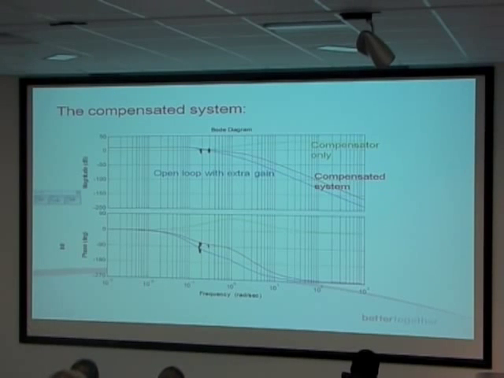And that's the red one, by the difference in phase. So my original phase margin, the blue one, is about that much. My new phase margin is actually quite a lot bigger. Let's see if I can clean this up.